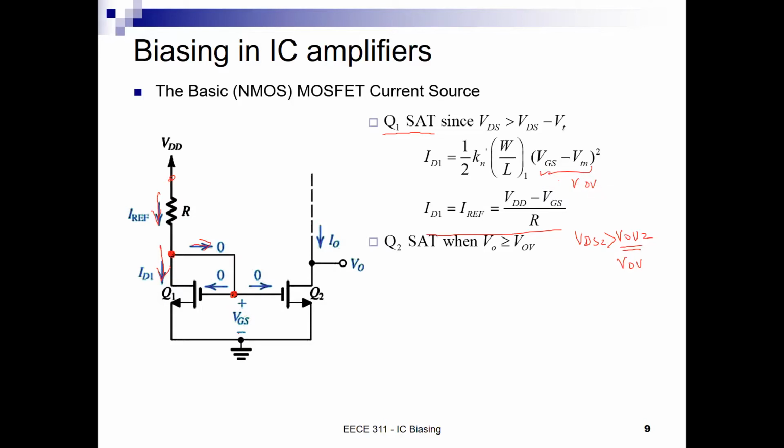And in this case, if Q2 satisfies, based on what circuit is connected to it, that VO is greater than VOV, then the current equation for Q2 will be the saturation region equation, which is half Kn prime, but this time times the W by L2, which is transistor 2 size, multiplied by VGS minus VTN.